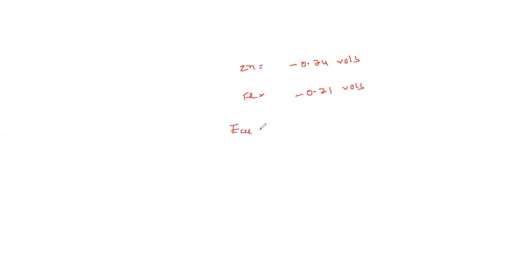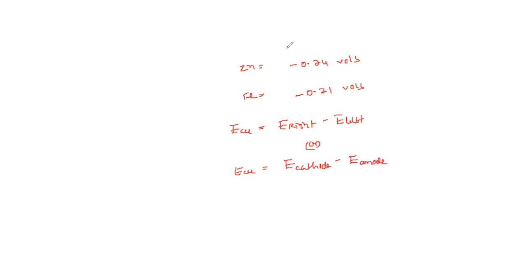How do we find E cell? E cell equal to E right minus E left, meaning right side electrode minus left side electrode. Or E cell equal to E cathode minus E anode. In this case, both are negative.